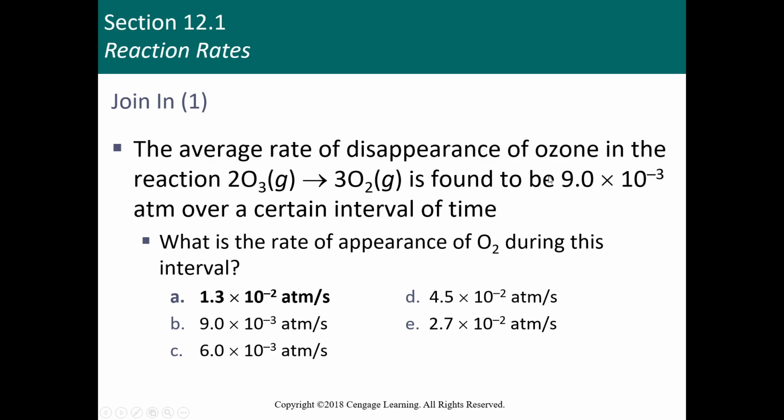Remember, if you're in moles on the top in the numerator, you divide it by moles on the bottom, right? And that means that you get rid of the moles. And so what we can do here is we need to get rid of the O3 portion of this, right? So we divide by the 2, and then we're going into the O2 portion, so that needs to be in the numerator. So we multiply that by 3.